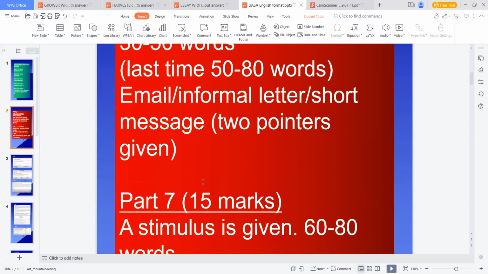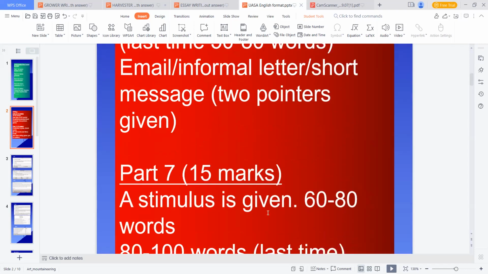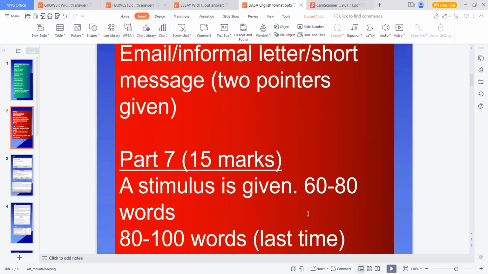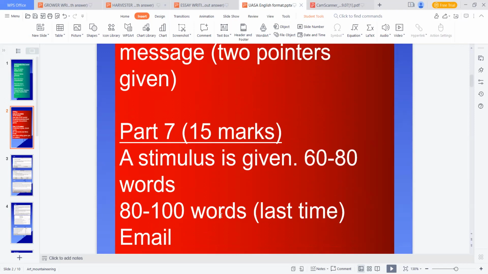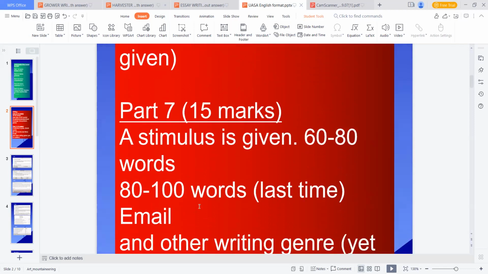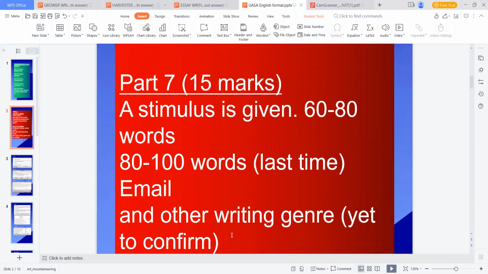Now part 7 will be 15 marks. A stimulus is given, 60 to 80 words. Last time it was 80 to 100 words. What type of essay they will be writing? Email and other writing genres, not yet confirmed.